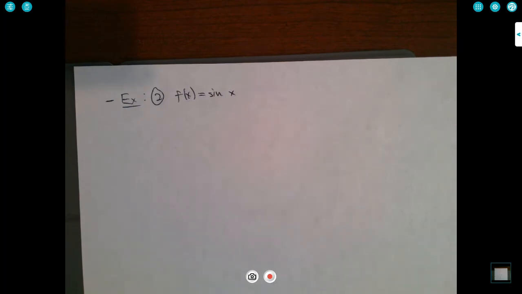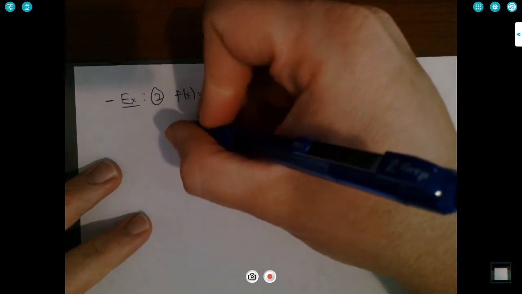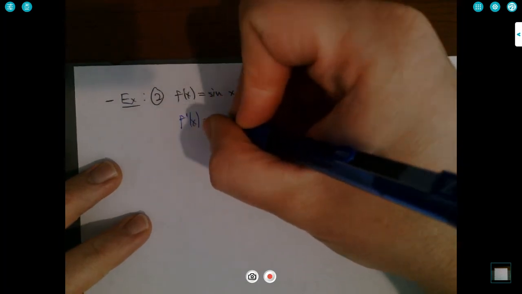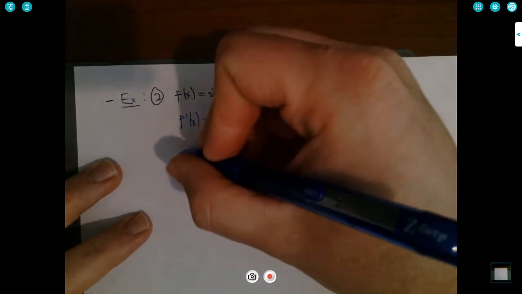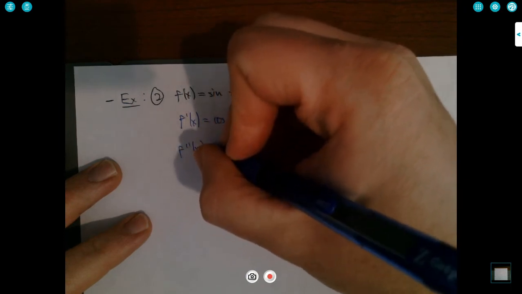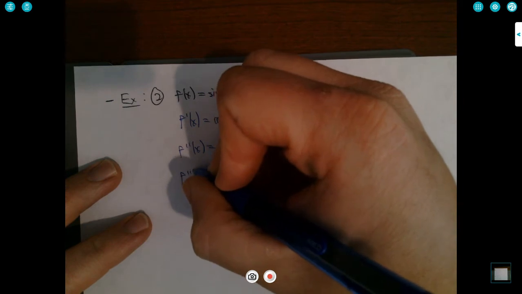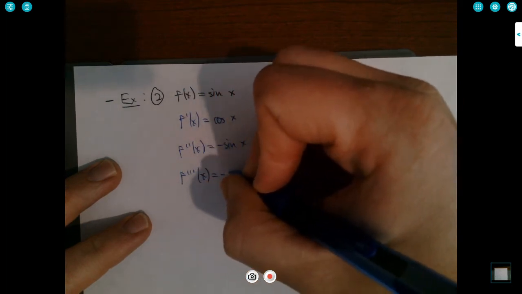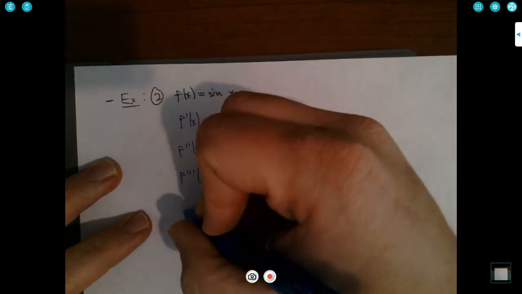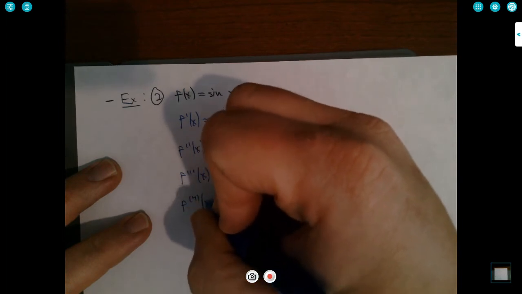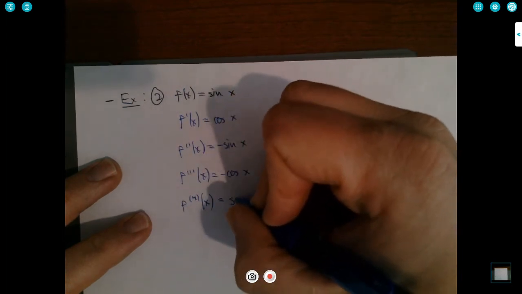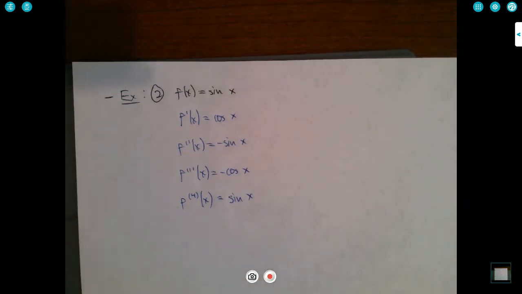Okay, so if f of x is sine of x, then f prime of x is cosine x, f double prime of x is negative sine x, f triple prime is negative cosine x, and the fourth derivative would be back to positive sine. And then it's going to repeat, right, over and over and over again.